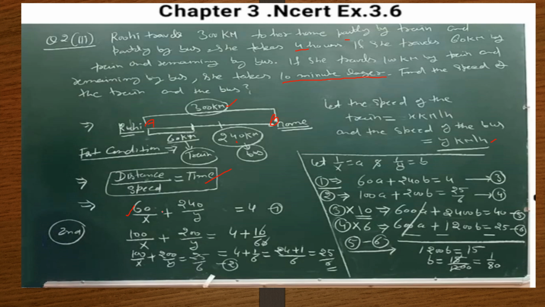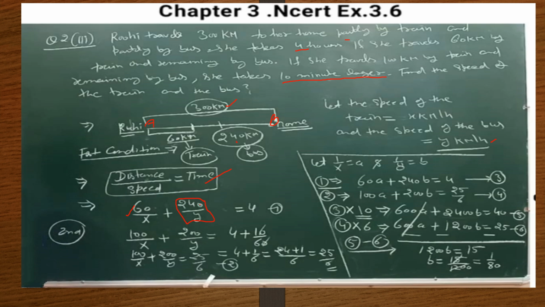And the remaining distance of 240 kilometer is traveled by bus. So the speed of the bus is y. So distance by speed, it is 240 by y. This is the time taken by the bus.